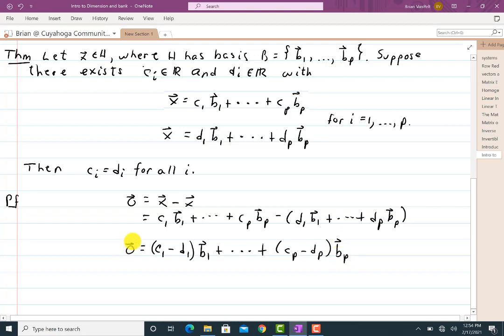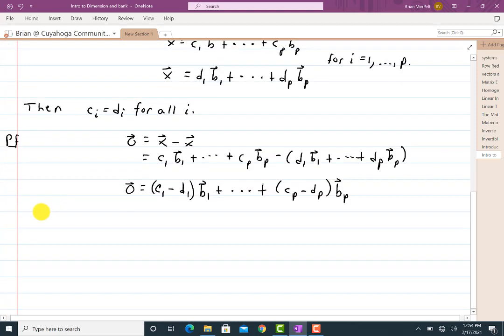So since this is the 0 vector, remember these are basis vectors. So this means that I'll just say thus: C1 minus D1 equals C2 minus D2 equals dot dot dot equals CP minus DP equals 0. This is because the vectors are linearly independent.